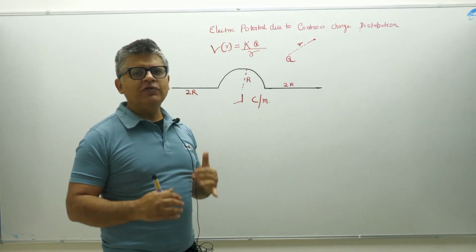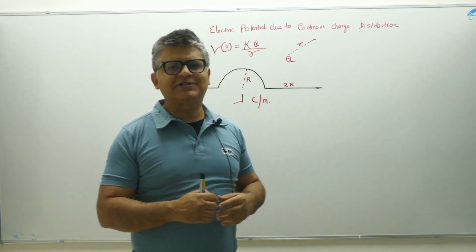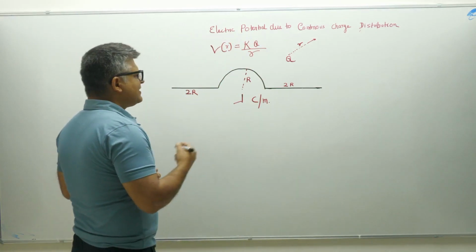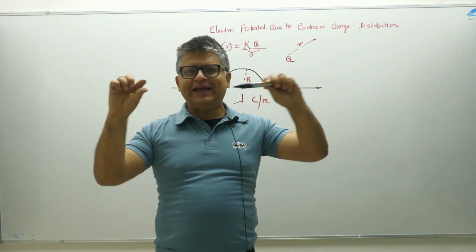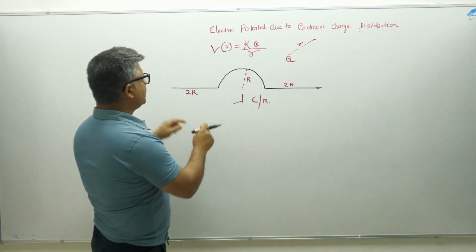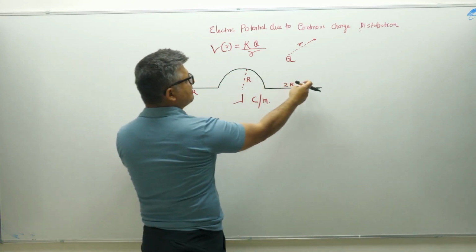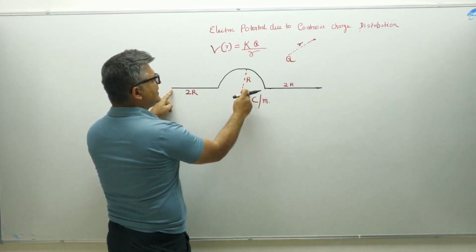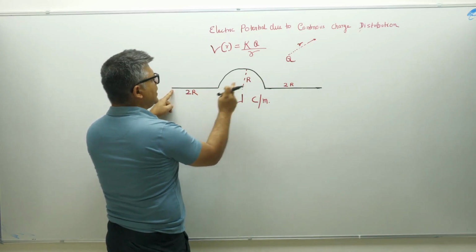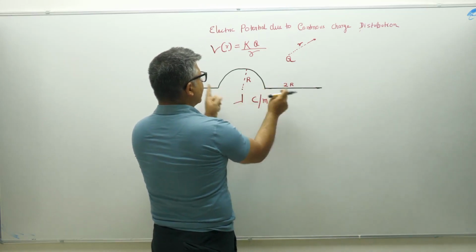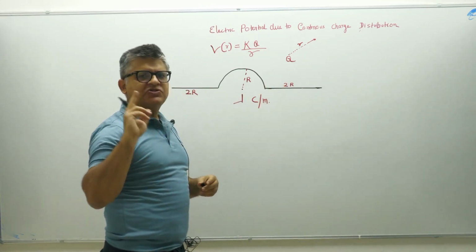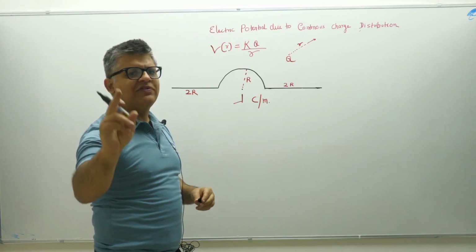The only thing is now, how do we approach a continuous charge distribution? Because the rod is long, I'm just concentrating on this part of it. This is symmetrical, so whatever answer I get for this particular rod as a potential at the center, the same answer will be valid for this. I can add these two as numbers. So I'm just going to concentrate on the single rod first.